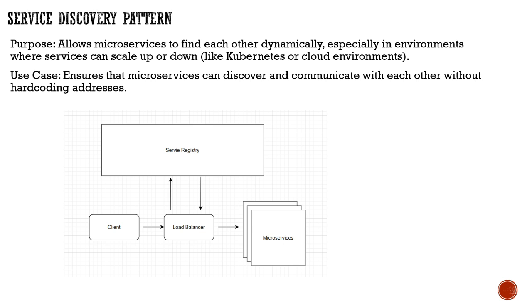It ensures that microservices are discoverable and can communicate with each other without knowing their addresses, using the service name. If you see here, there is the client and a load balancer, and then a service registry, and the microservices register themselves in it.